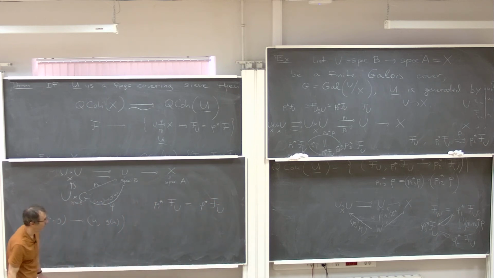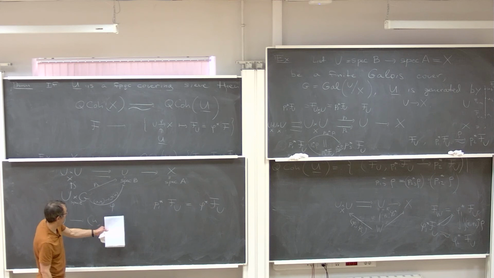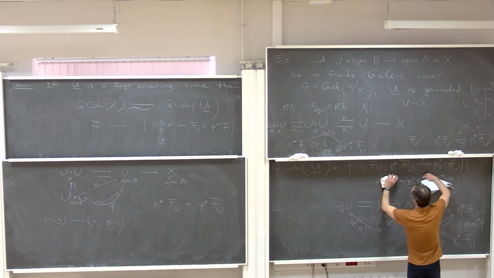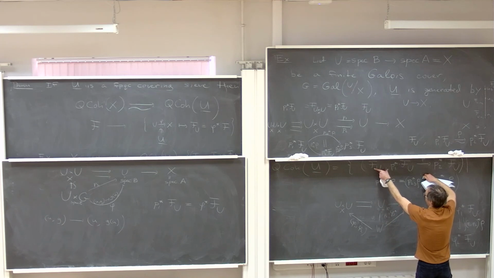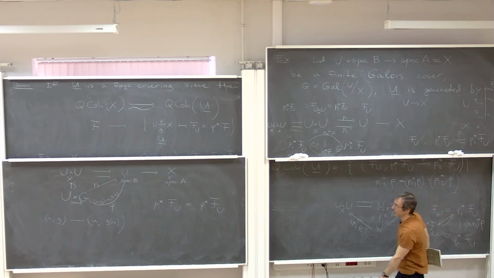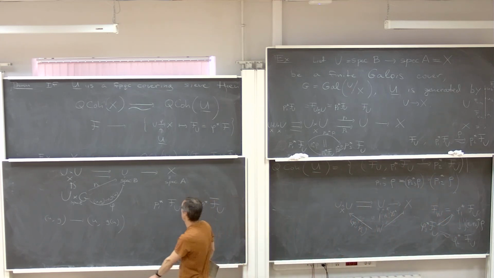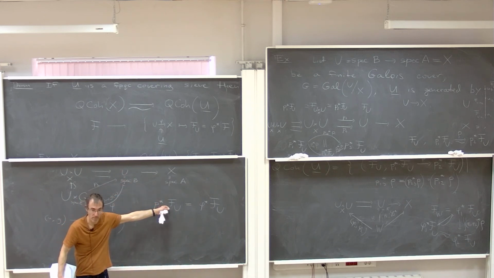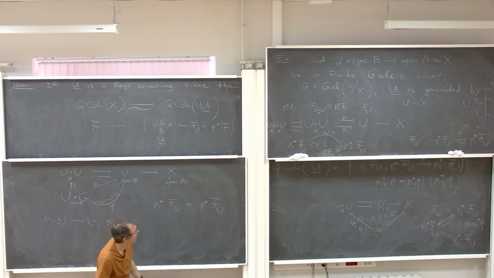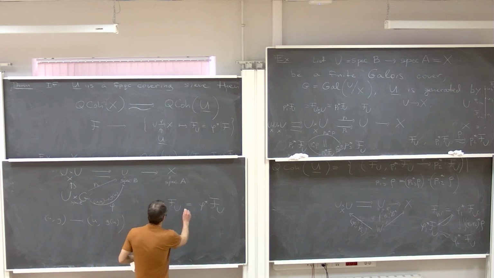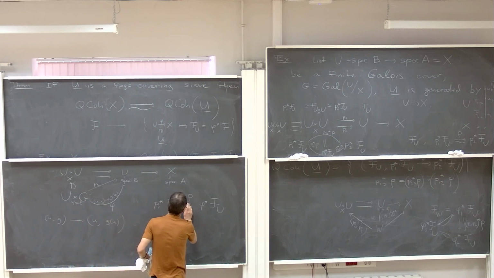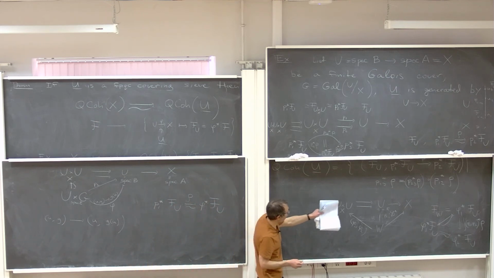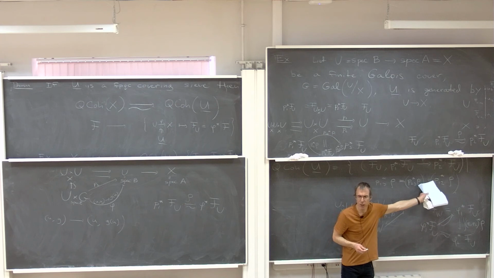So if I erase this condition here, then a pair like this is simply a quasi-coherent sheaf on U together with an isomorphism. This is my rho. But now, let's try to formulate explicitly what this condition means.